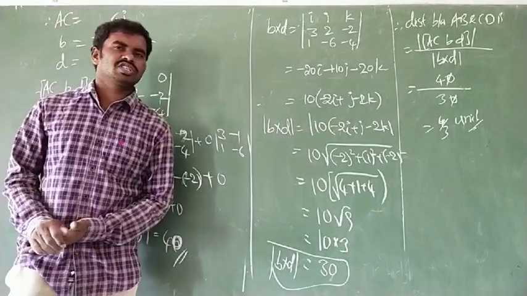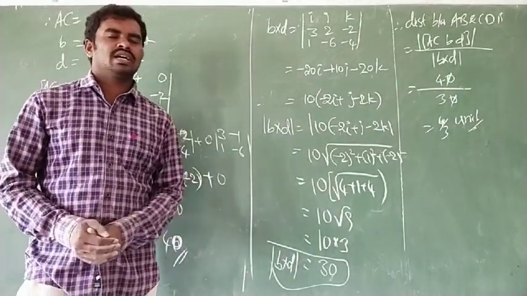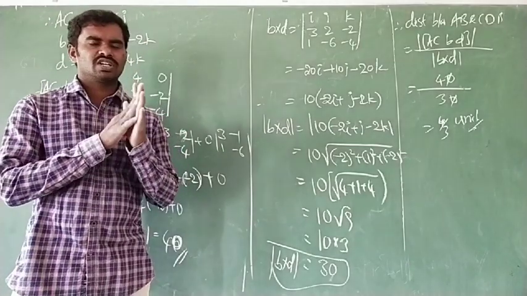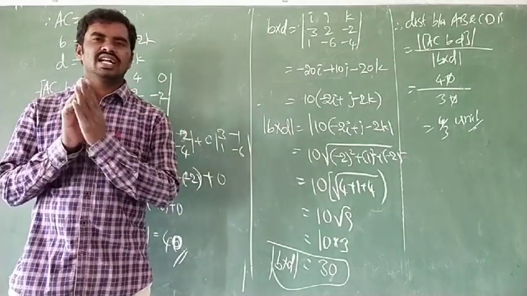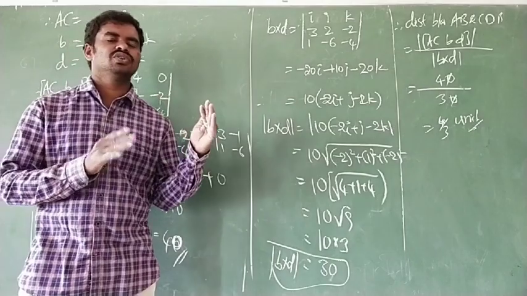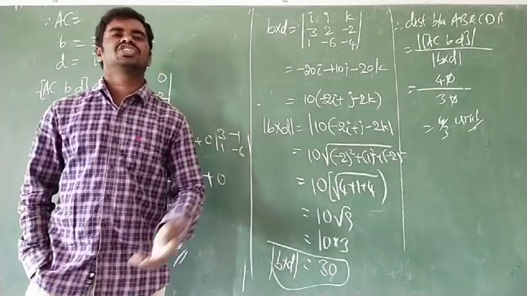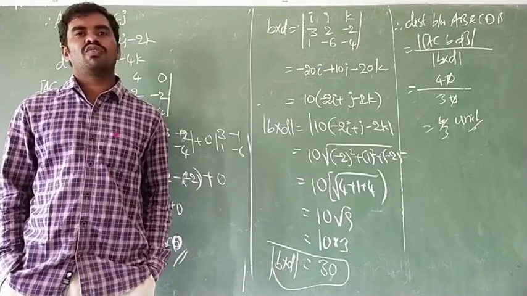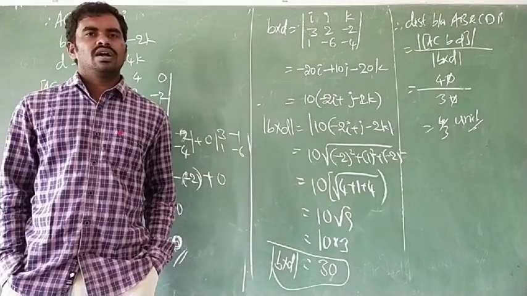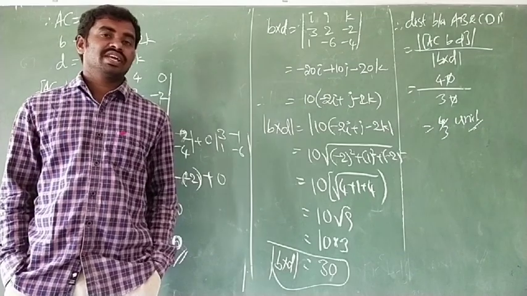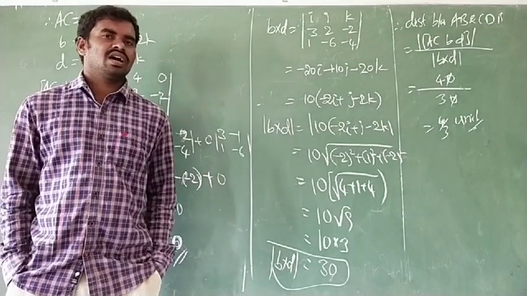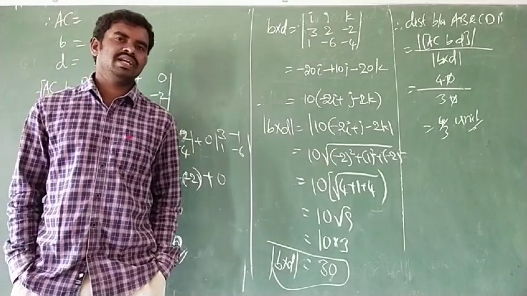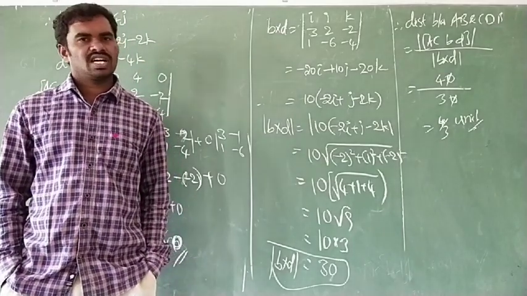The remaining questions will be learned in part 2 of this product of vectors. So product of vectors part 1 we completed 5 questions, and product of vectors part 2 by Nagaraju Sir is in the next class: how to find the equation of the plane, how to find the angle, if a ray makes the angles alpha, beta, gamma, delta with the diagonals. The same question is in Maths IB also, and Maths IA also is there.